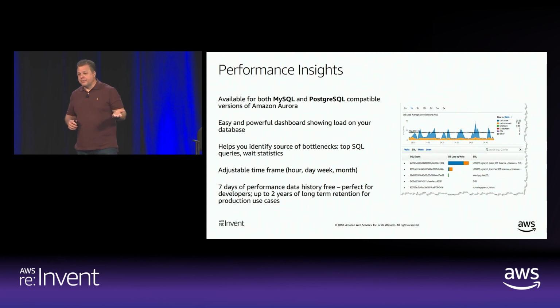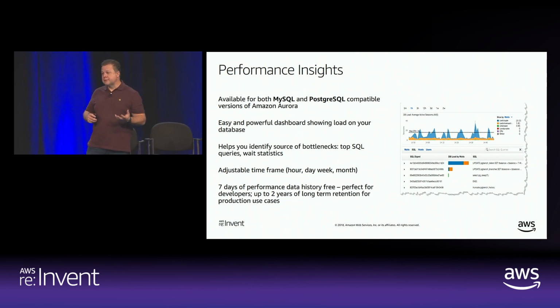You can adjust the time frame. By default, we show you an hour window, but you can expand that out. You can either bring it in, say 5 minutes, out to 24 hours. And you can also select a given segment and zoom in on it. By default, we offer 7 days free storage of these performance metrics. That's usually adequate for most performance tuning purposes.